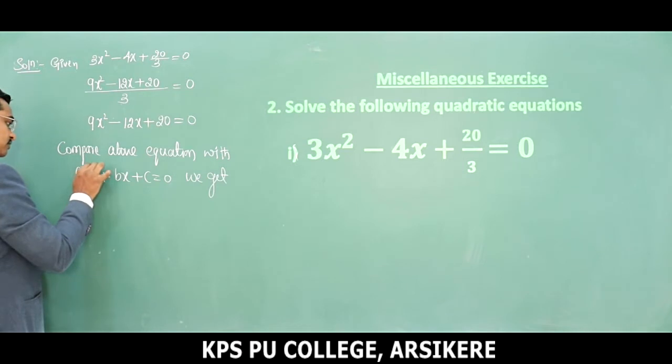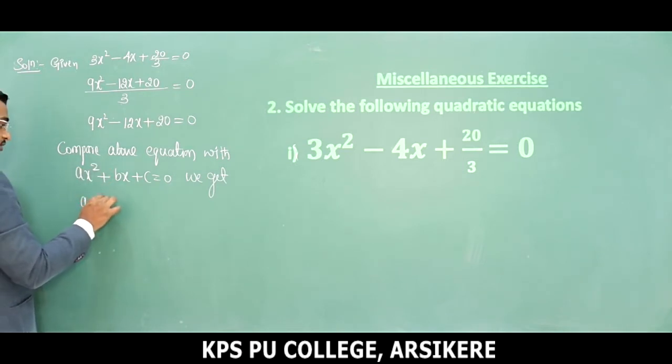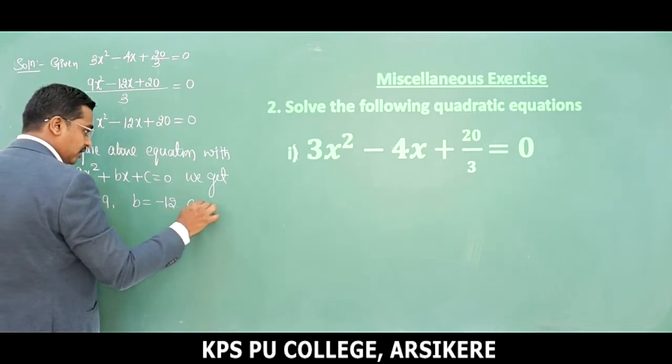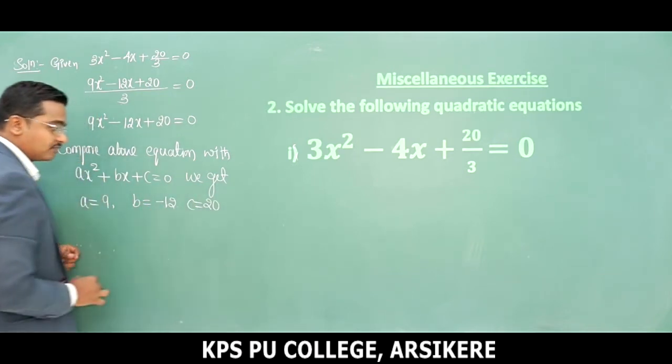We get a is equal to 9, b is equal to minus 12 and c is equal to 20, right?